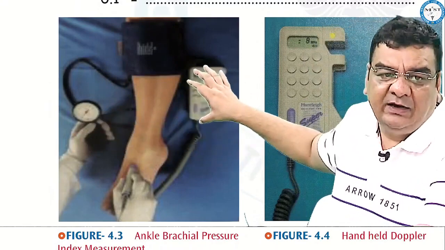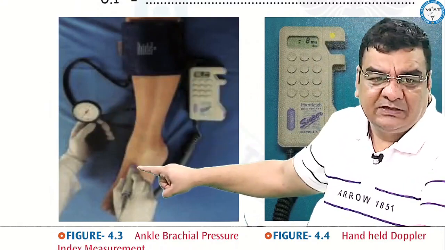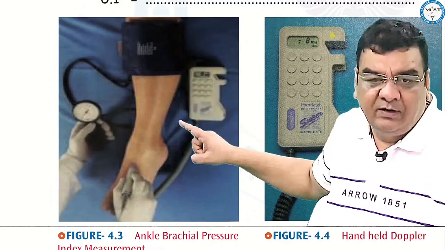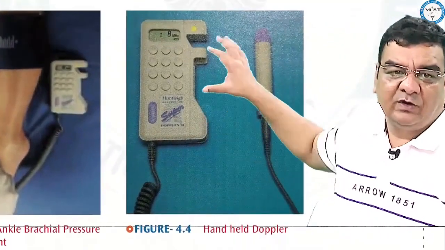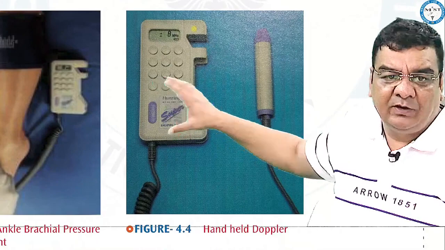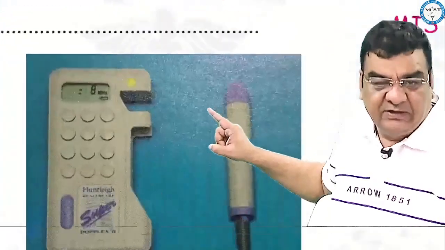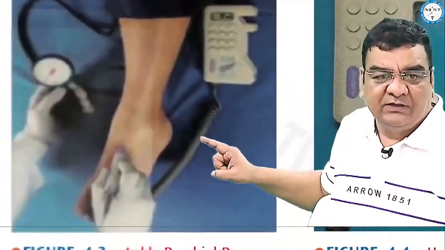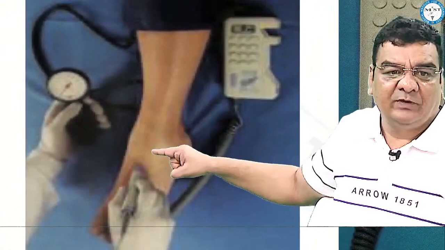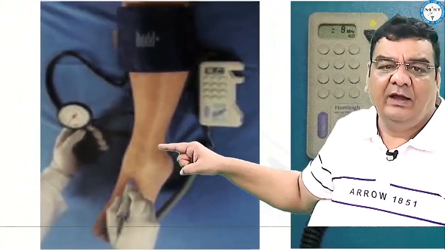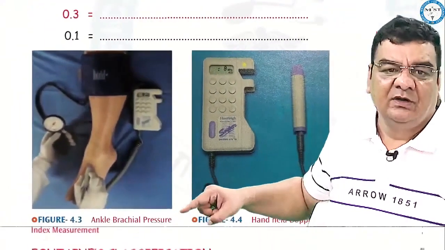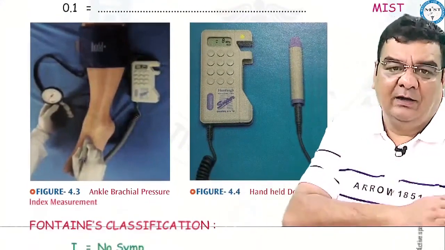This instrument is a handheld Doppler, and this is the pencil of the handheld Doppler, and this is the tip of the pencil. Now what you're doing is, you have kept the tip of the pencil here, right? And you're just trying to feel for the pressure at the ankle. And you will compare this pressure with the pressure at the arm.